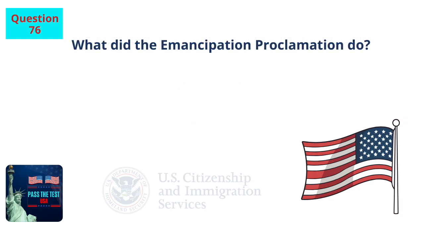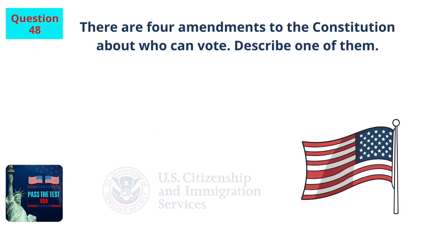What did the Emancipation Proclamation do? Freed the slaves. There are 4 amendments to the Constitution about who can vote. Describe one of them.